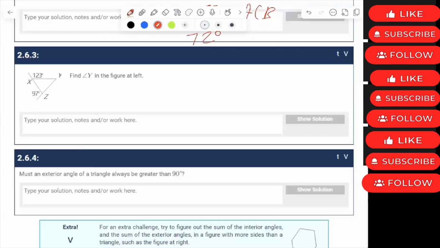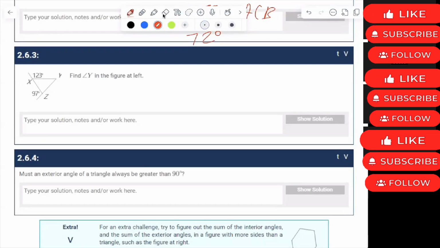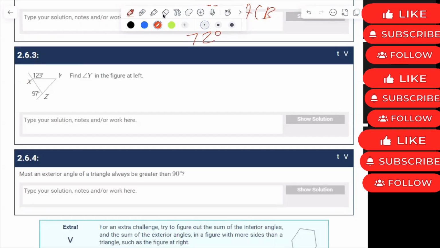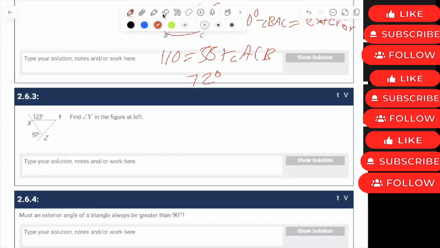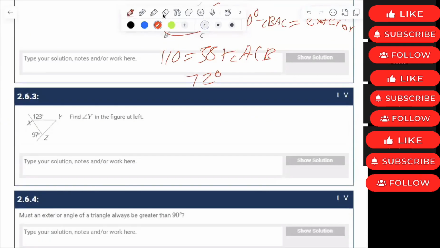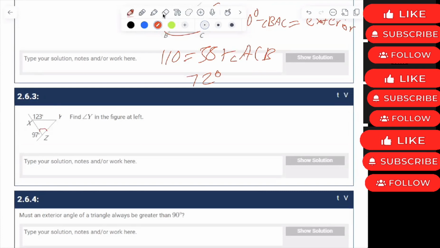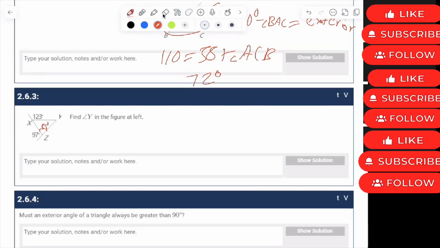Let's get started with this question now. For this one, you can just bash out all the angles, or you can use the same exact formula, and I'll use it to give you one more example. For this question, this angle, since the other is 97 degrees, is going to be 83 degrees, since it's 7 away from 90.